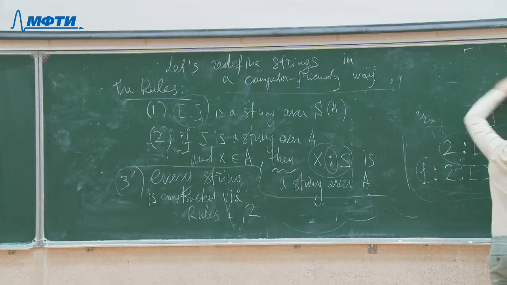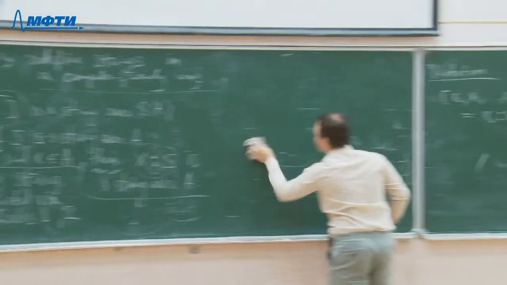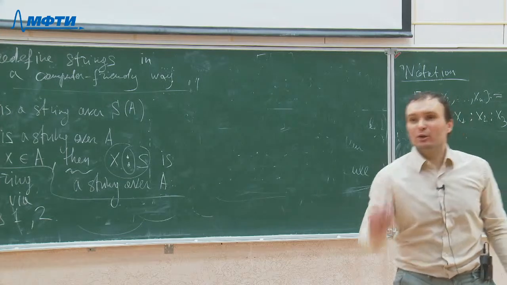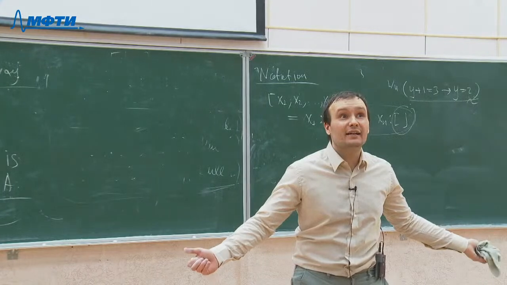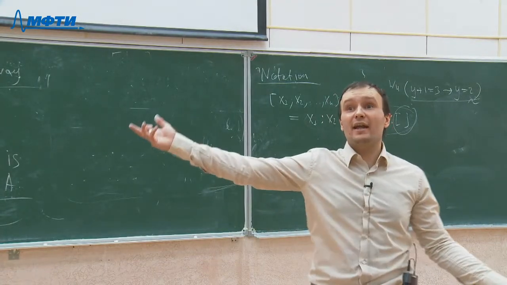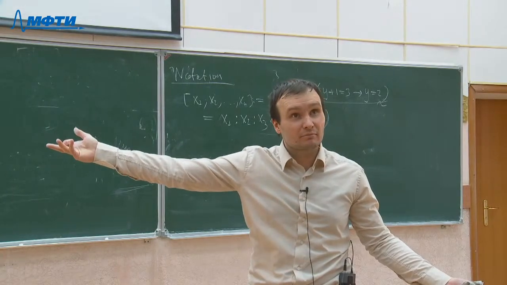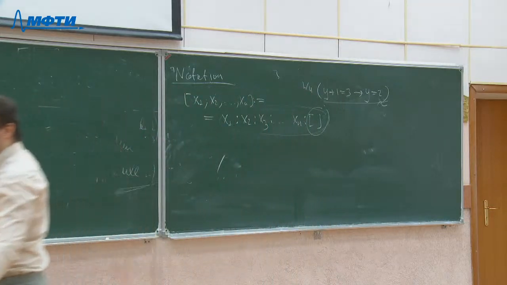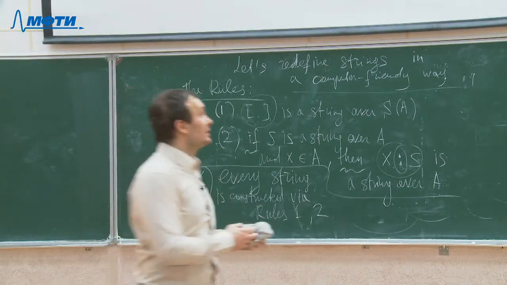In order to prove something about strings, I need some axioms. You know, the computer is dumb. It knows nothing. It can't think. But it can mechanically apply various rules. Let's give some rules which may help our computer to prove something about strings.